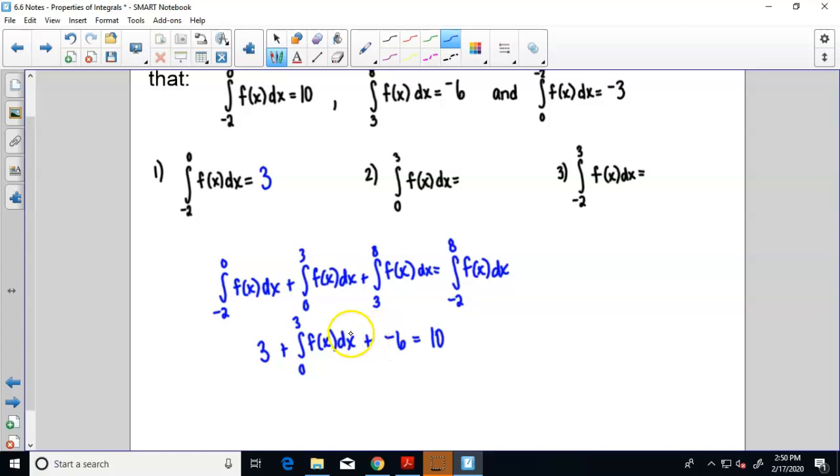So if we're trying to find this integral from 0 to 3 of f of x dx, we could just add the 6 over here and subtract that 3. And we would get here 13. So we get an answer of 13.